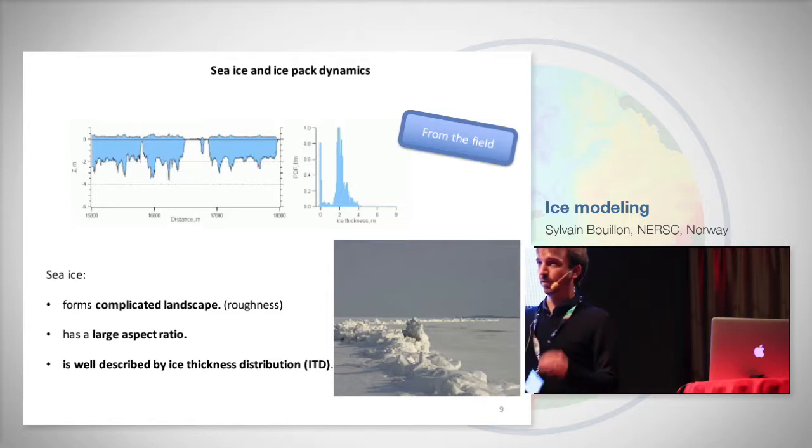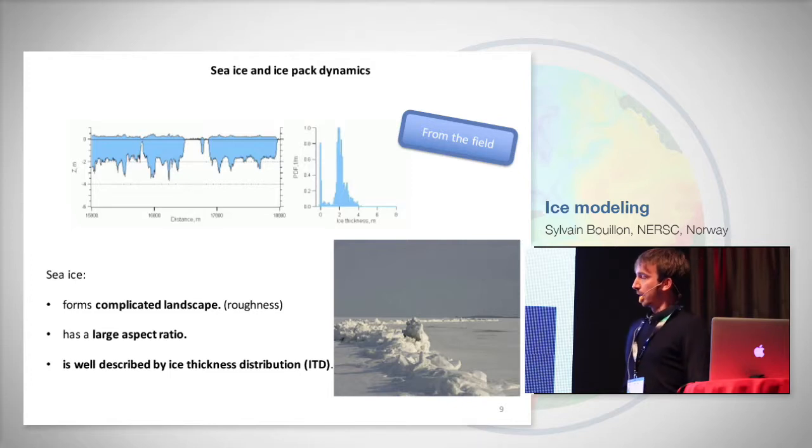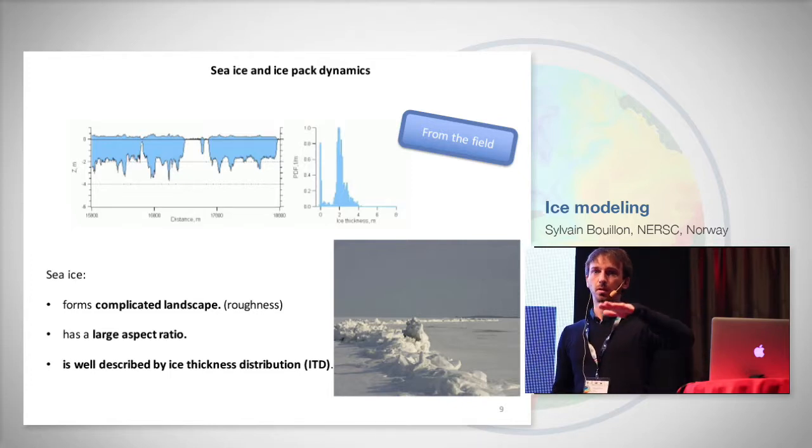And so the first important information about that is that there is a very large aspect ratio. The sea ice thickness is typically 1 or 2 meters, whereas it extends over thousands of kilometers. So it's basically a 2D medium.